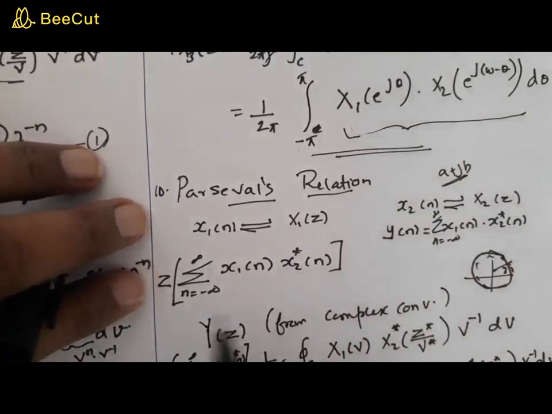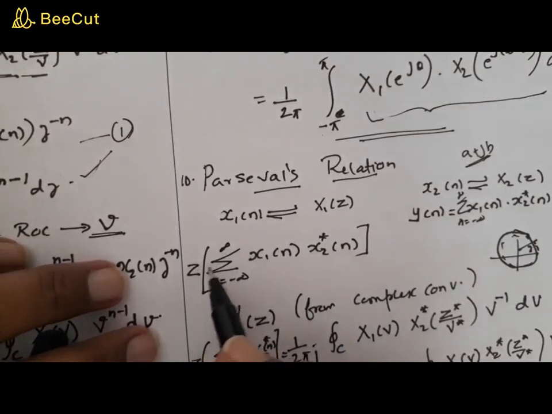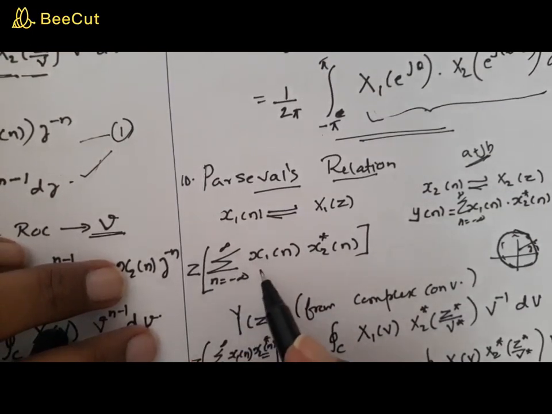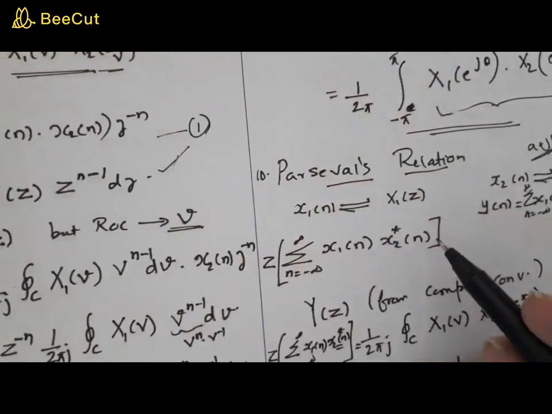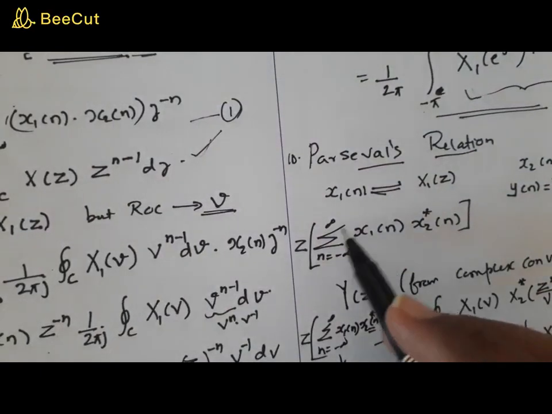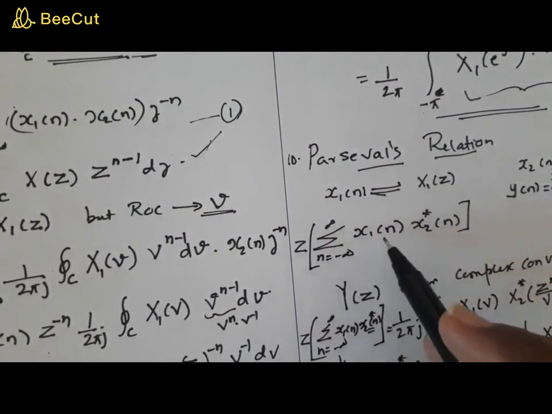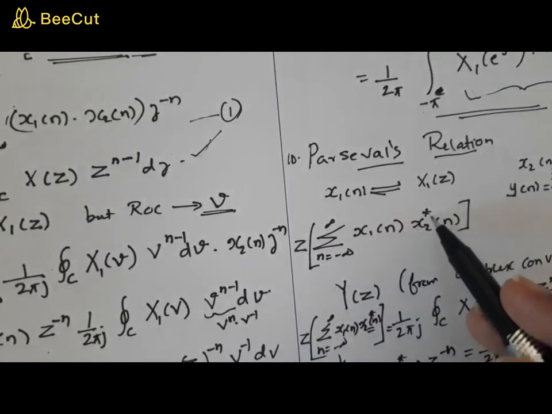So what does Parseval's relation show? It shows the z transform of x1 of n into x2 star of n: sigma n equal to minus infinity to plus infinity x1 of n into x2 star of n.